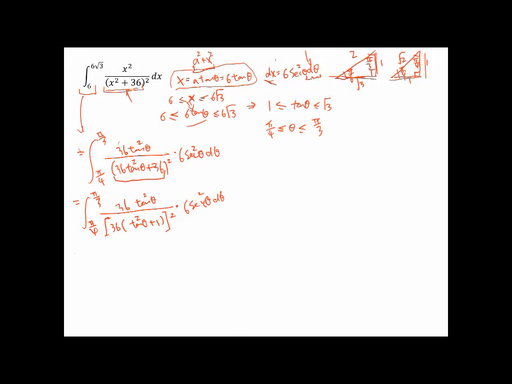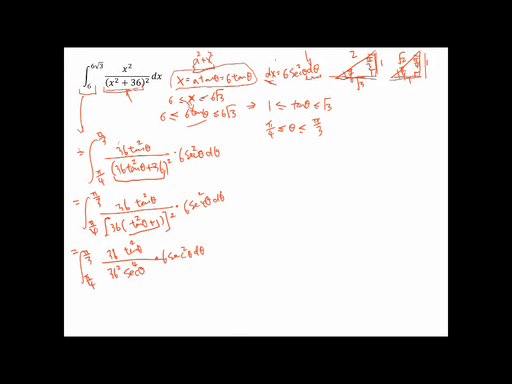So the 36 tangent theta squared, and the tangent squared plus 1 here is secant squared, so squared it's going to be secant theta to the 4th, multiplied by 6 secant theta squared d theta.